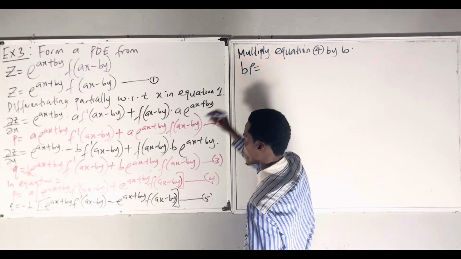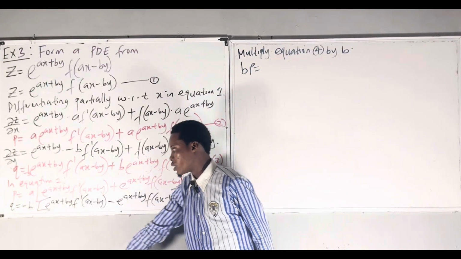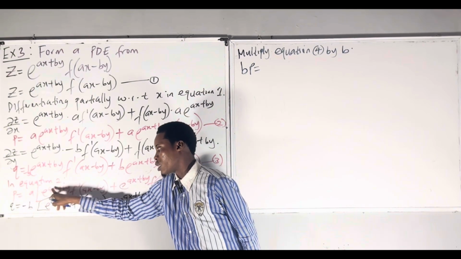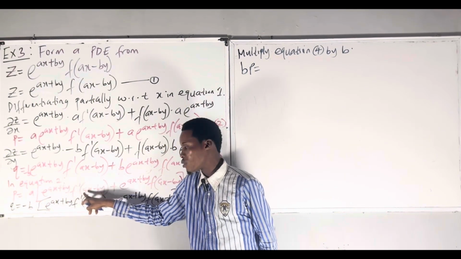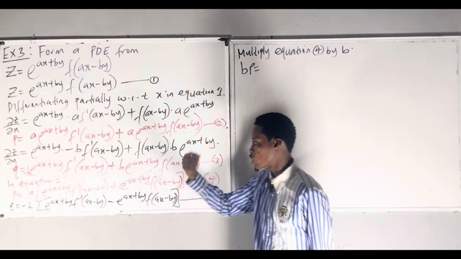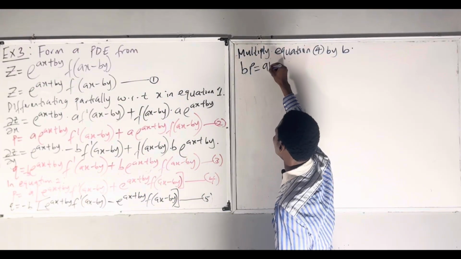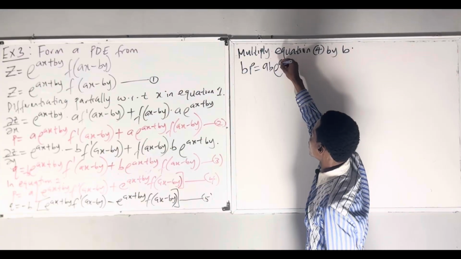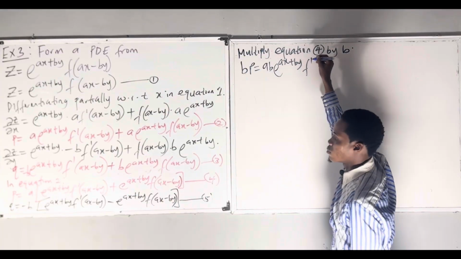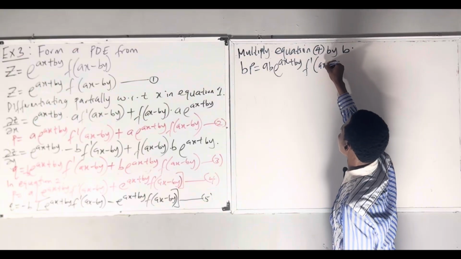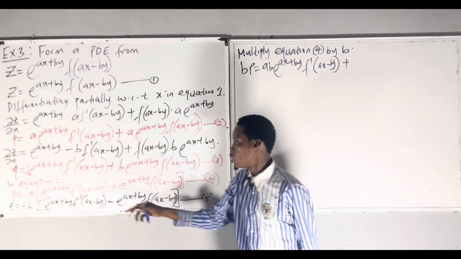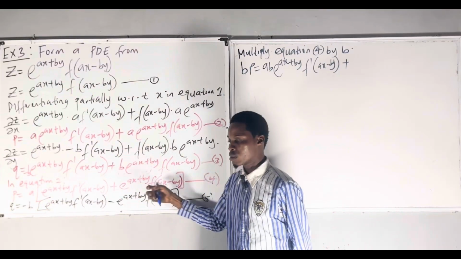bp is equal to, we have a outside already. If a is going to open this bracket, we are going to have a e to the ax plus by f prime of ax minus by. Remember that we are multiplying this one with b, so we are going to have ab e to the ax plus by f prime of ax minus by, close the bracket, plus this a also is going to multiply this one as well.